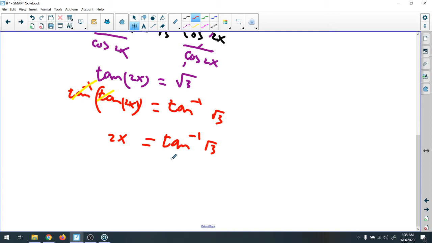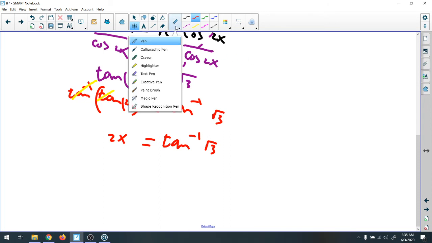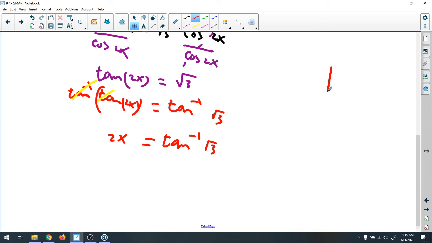Let's find out which angle has tangent equals square root of 3. Think about that. If we know the Pythagorean theorem here, the opposite will be square root of 3. Adjacent is 1.